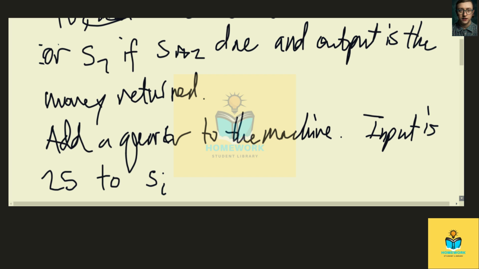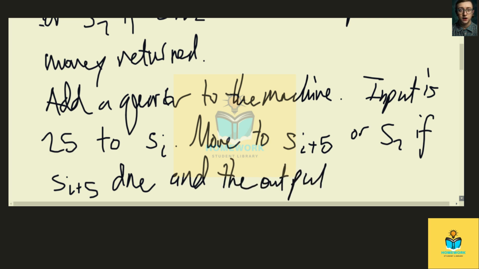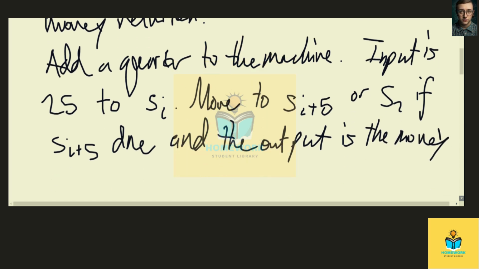And then we move from the current state Si to Si plus 5, or S7 if Si plus 5 does not exist. And the output is the money that gets returned, which is simply the amount over 35 cents.